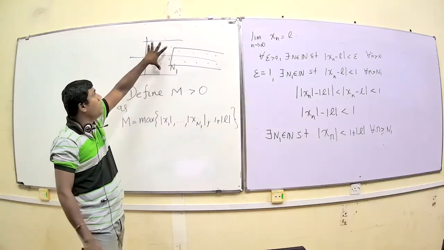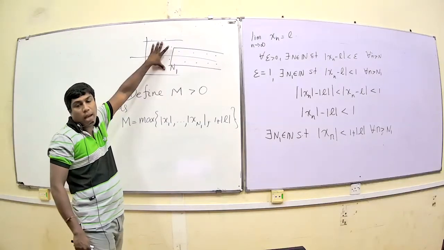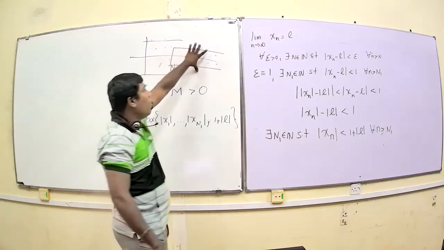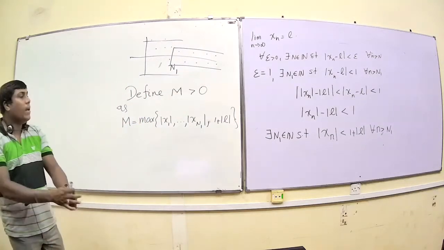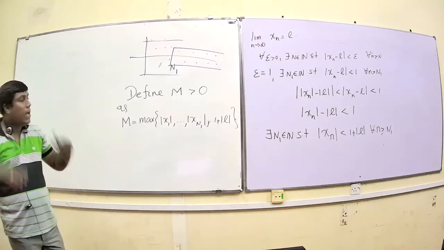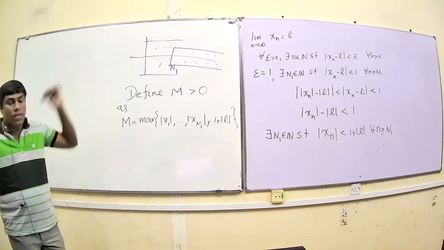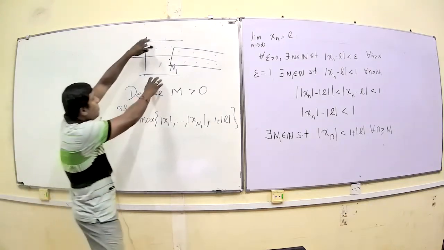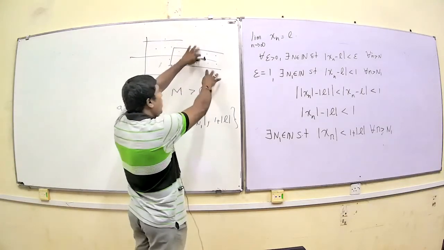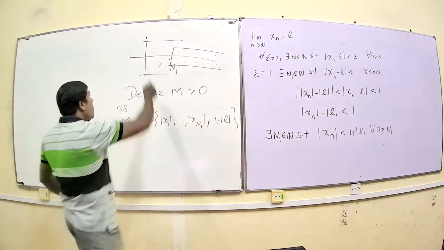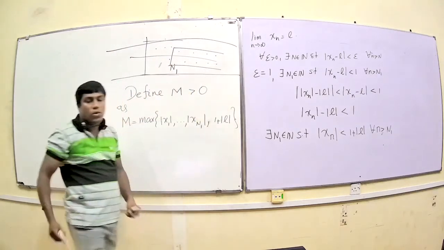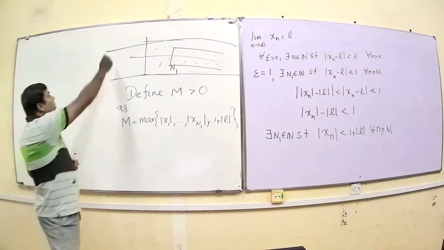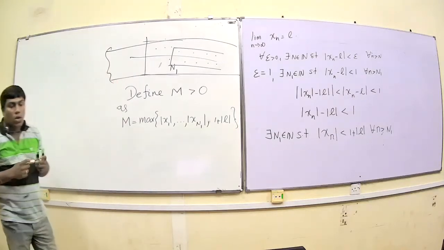The others have absolute values less than 1 plus |L|. So you take the maximum among all of them, the maximum of here and the maximum of here. So M is the range between these two.